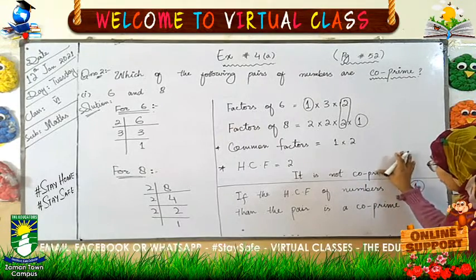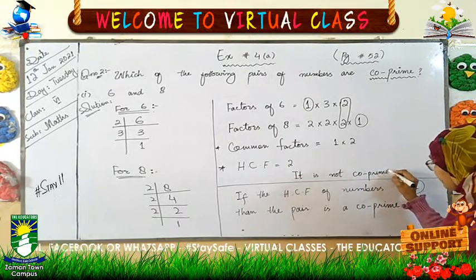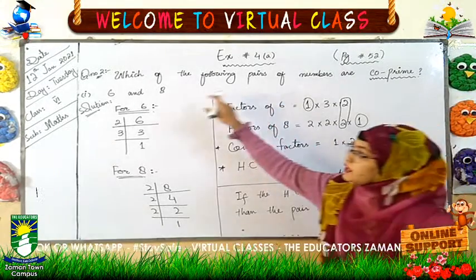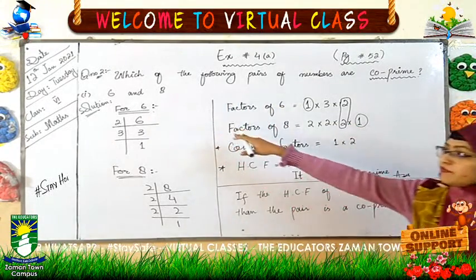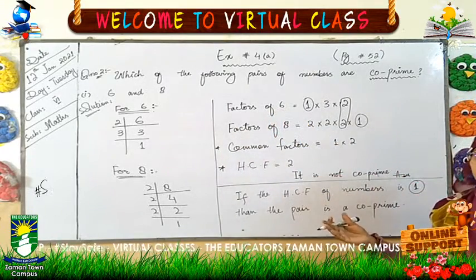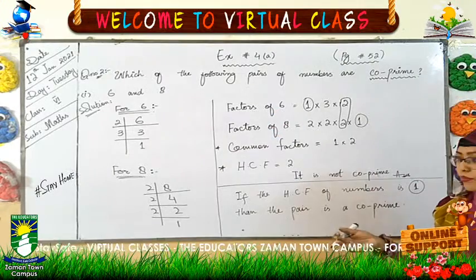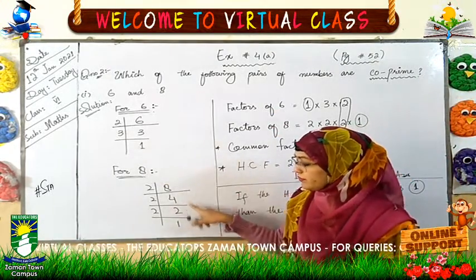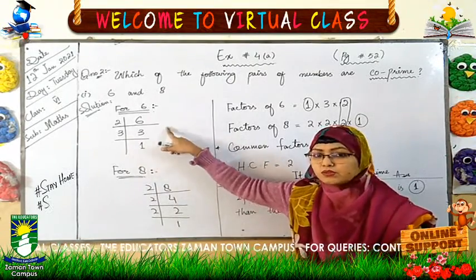In question number 2 we are having different pairs of numbers, in different parts, and for these parts we have to find out which pairs are co-prime and which are not. So how do we decide? We will solve one by one. We will find the factors of each number one by one.